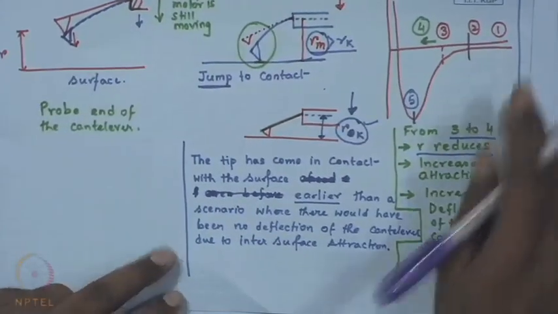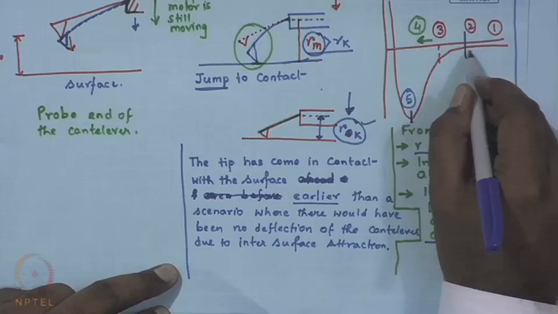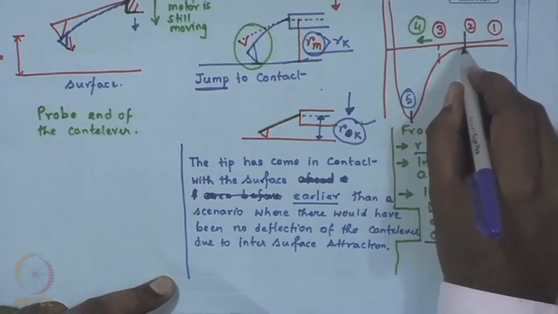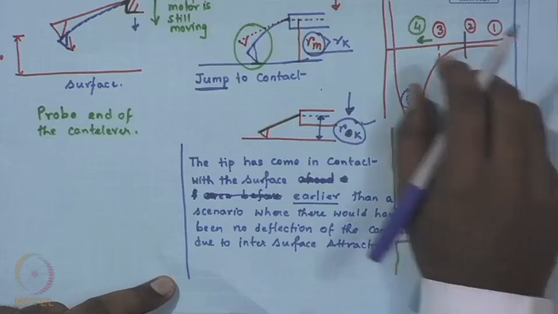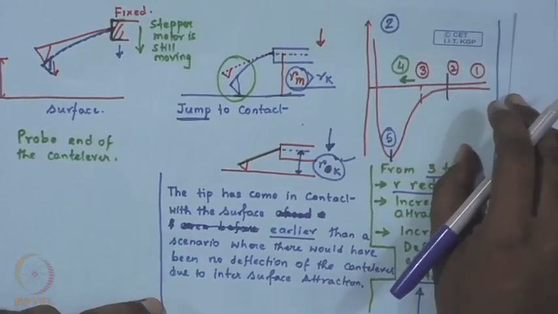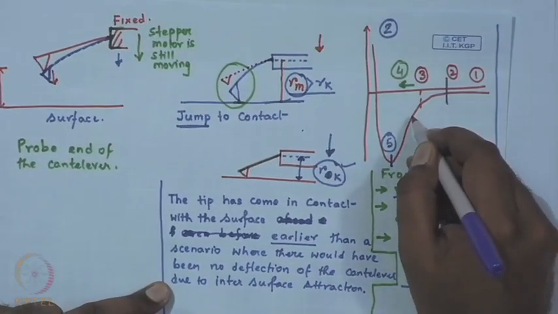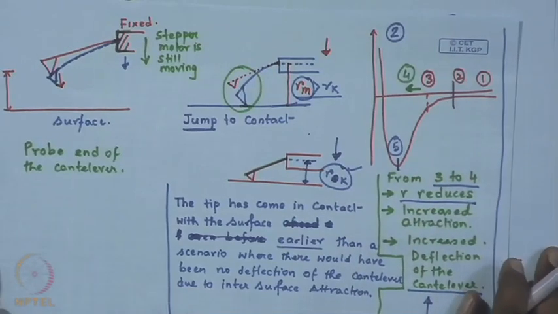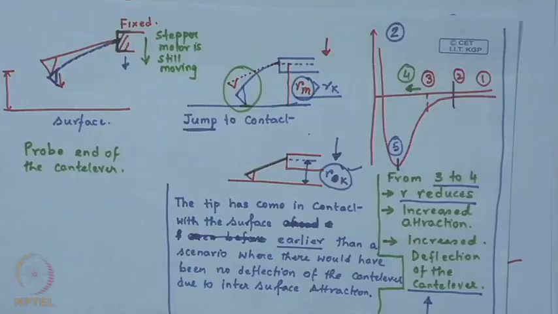by virtue of the motion of the stepper motor, you bring the tip even closer to the sample surface. Two things happen. First thing is the separation distance reduces, the magnitude of the attractive interaction increases. This increase in the magnitude of the attractive interaction gets reflected as an increased deflection of the cantilever.